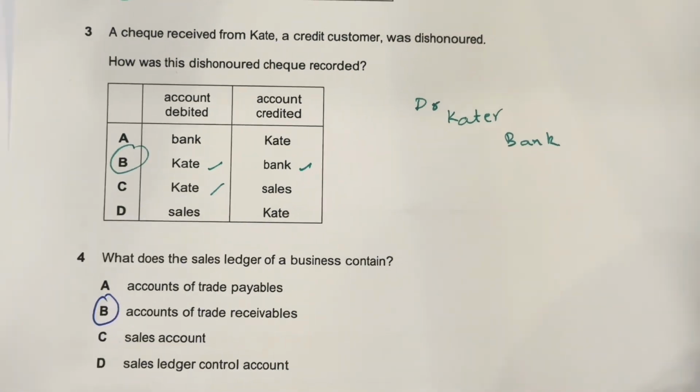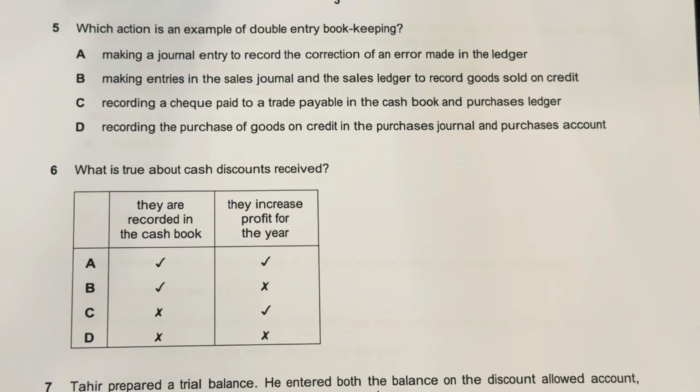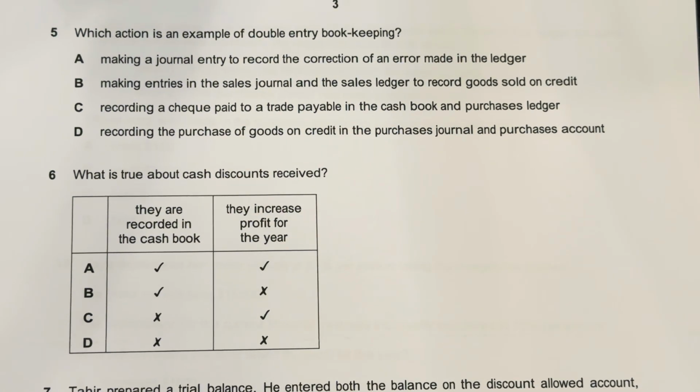Now we will move to question number 5. Which action is an example of double entry bookkeeping? Making a journal entry to record the correction of an error made in the ledger. No, this is an error correction we do not put in the double entry bookkeeping system. Making entries in the sales journal and the sales ledger to record goods on credit. No. Recording a cheque paid to a trade payable.